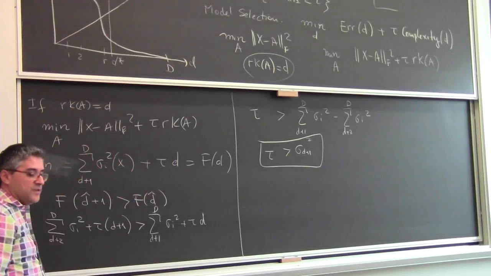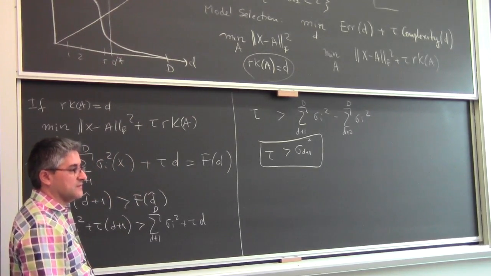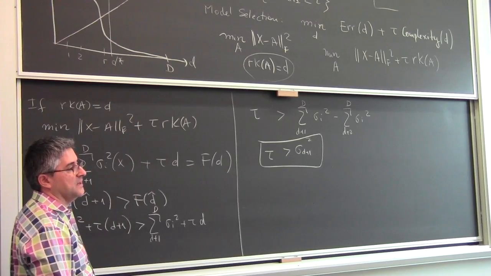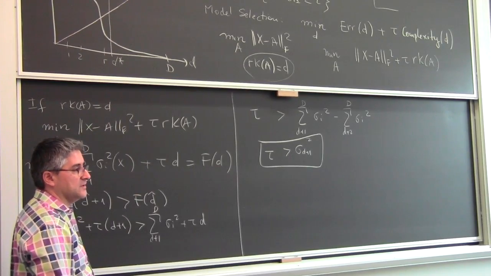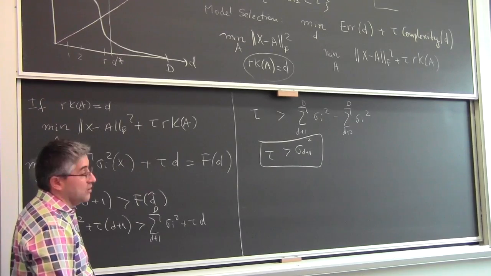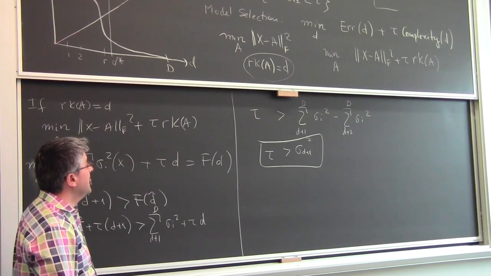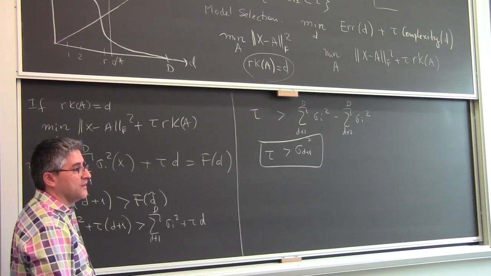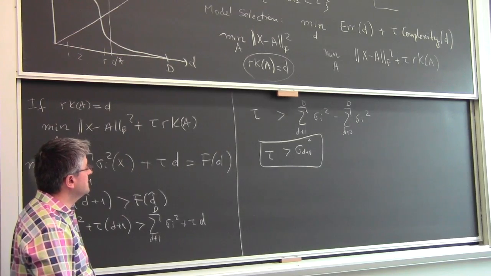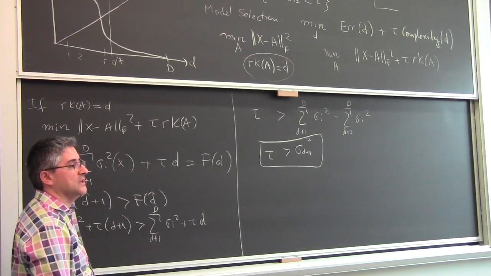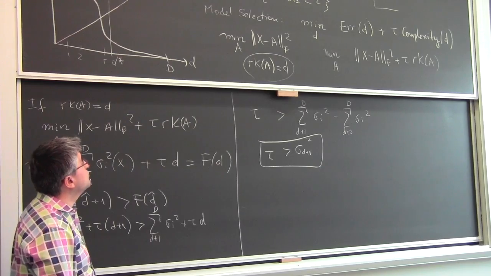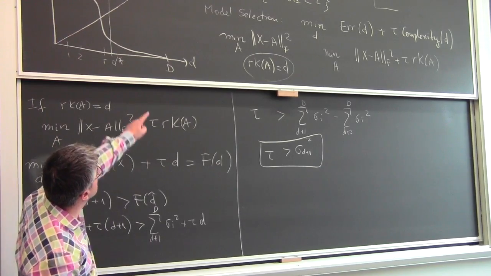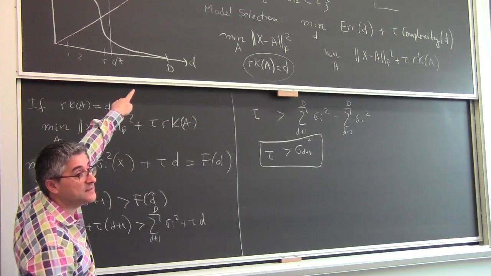So if I do this model selection business, and the way by which I penalize complexity is by the rank of the data matrix, or the number of principal components, if you wish, then the optimal solution for the number of principal components is just based on thresholding the singular values, which was one of the heuristics that I've written on the top, right?